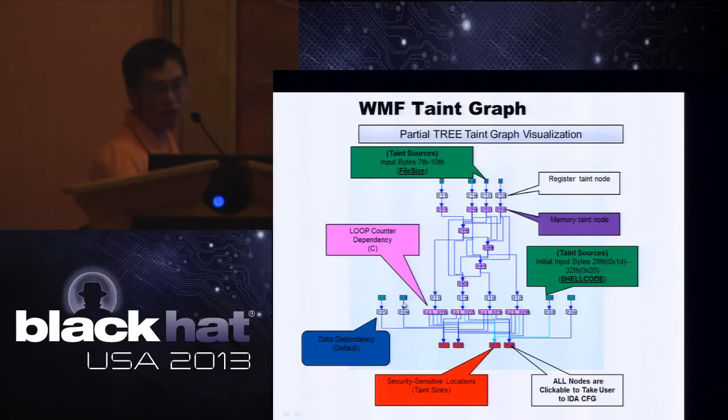And you see the green node here, and the data policy is the data dependency. Which shows that the input bytes in the original WMF file from the 29th to the 32nd bytes affect the value in these locations.